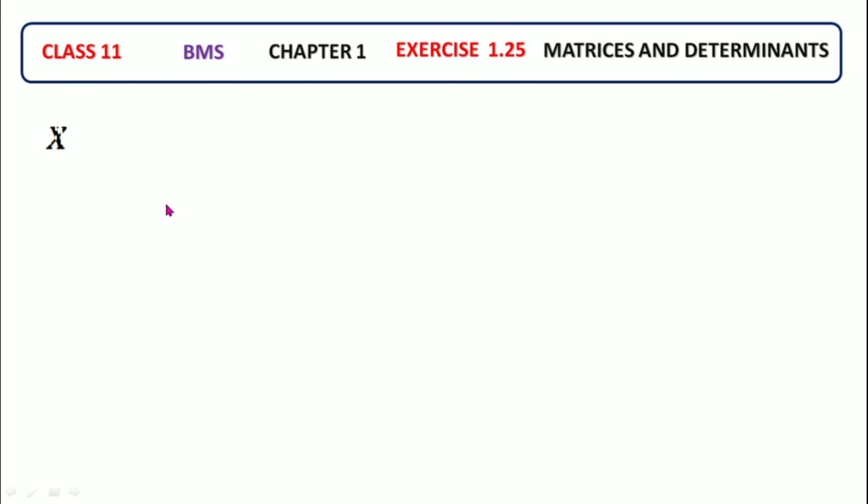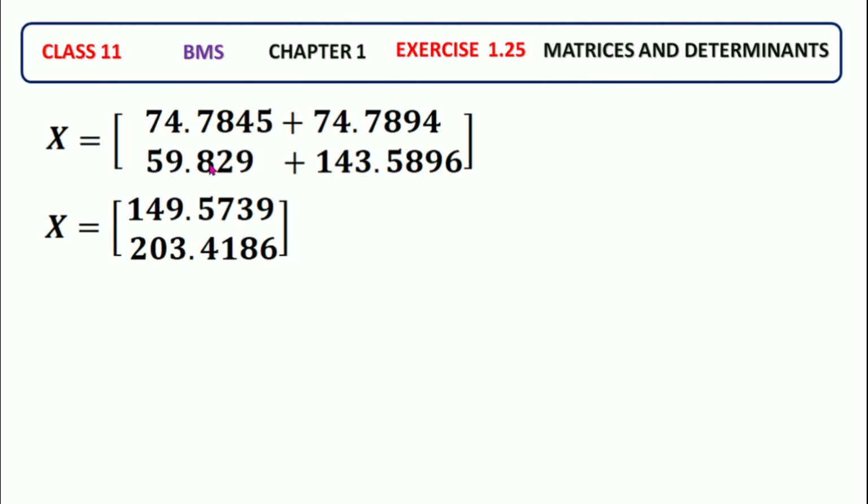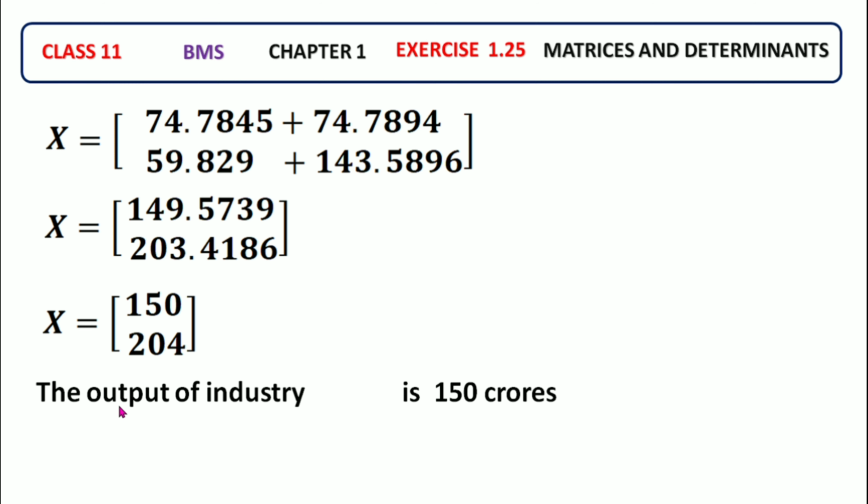After multiplying, X is equal to 74.7845 plus 74.7894, 59.829 plus 143.5896. Add these two values, 149.5739, 203.4186. Here 150, 204 are the crore values. Output of industries P1 and P2 is 150 crores and 204 crores.